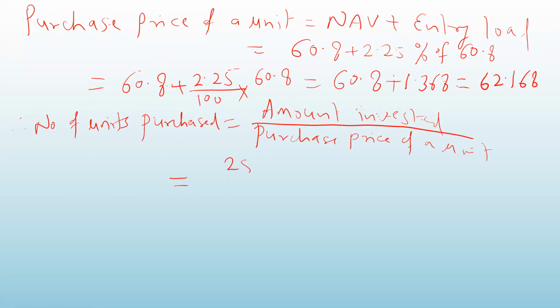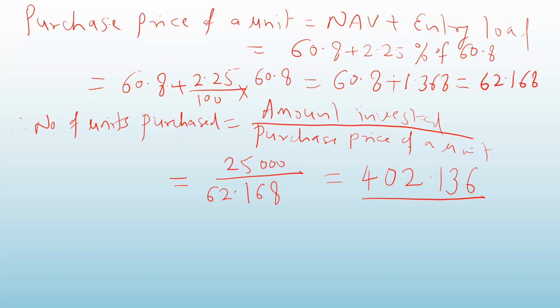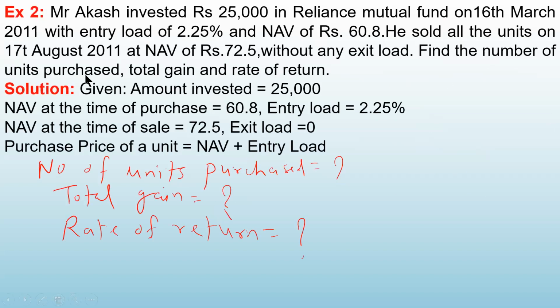So amount invested is 25,000 and what is the purchase price? 62.168. Correct? So calculate this. 25,000 divided by 62.168 will give you 402.136. So these many units are purchased. Okay. So we have done the first one, this number of units purchased.